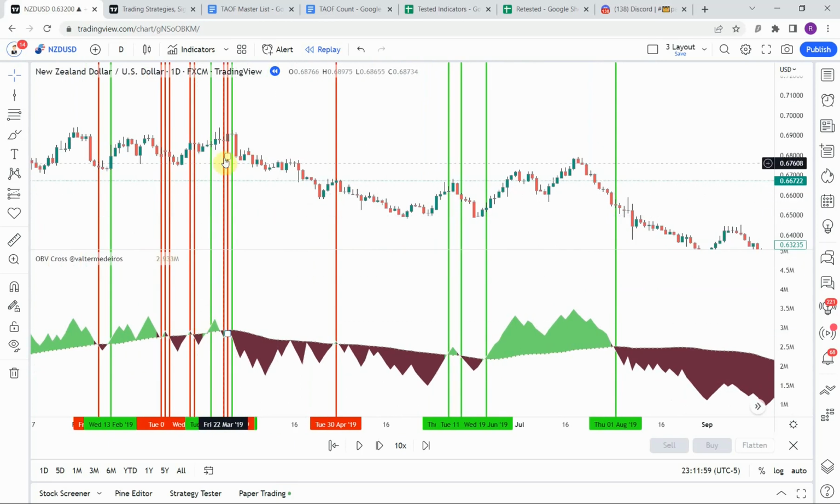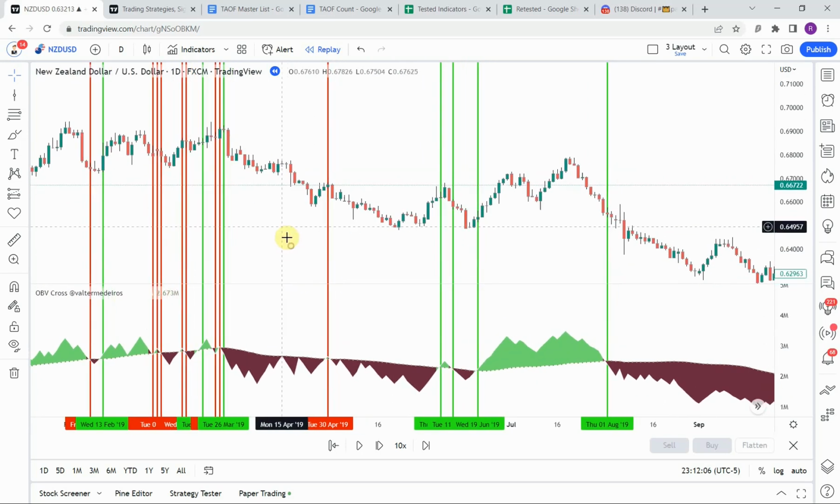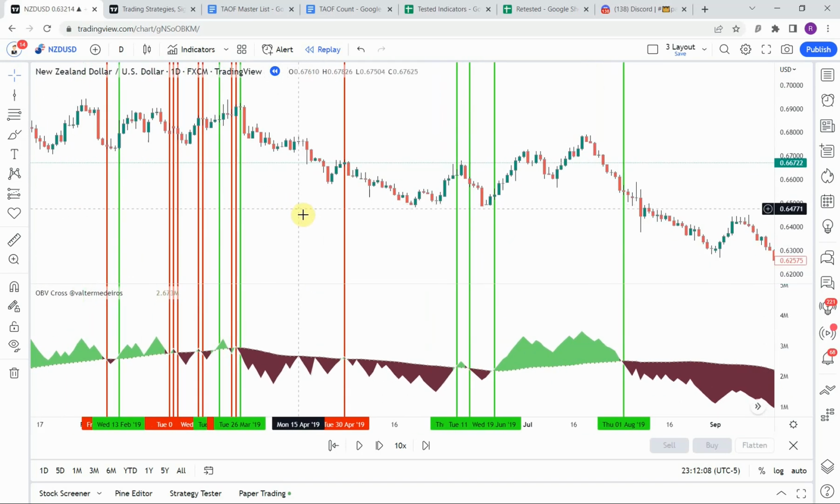And then it generally picks up a winning trade eventually, but takes a lot of losing trades in the meantime. And so this one is going to go on the no list, and we will move on to the next indicator from here.